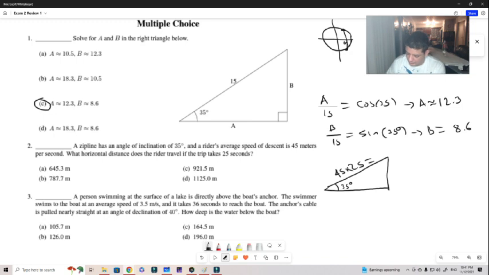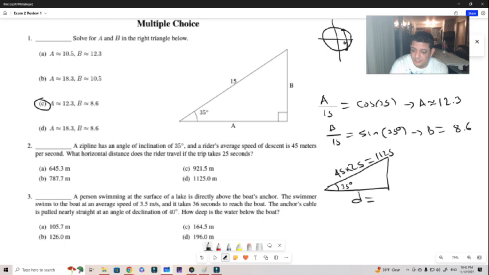Let's compute that. That's 1,125. Now, since we have the hypotenuse and we have the angle, then we can find out what is the horizontal, which is this. So we can do that with the adjacent.